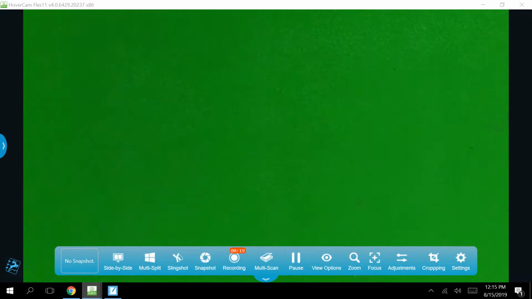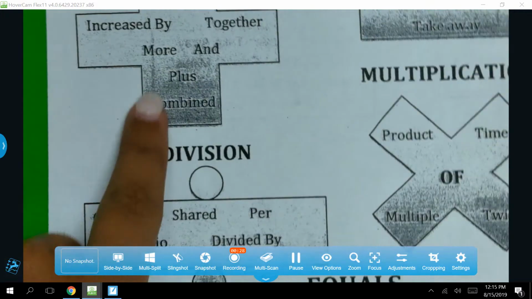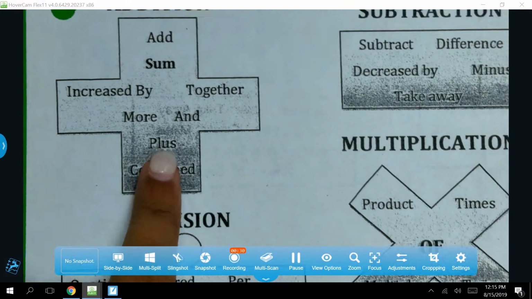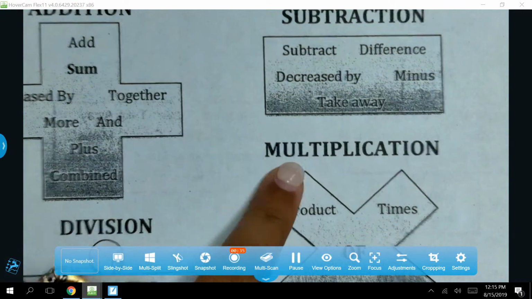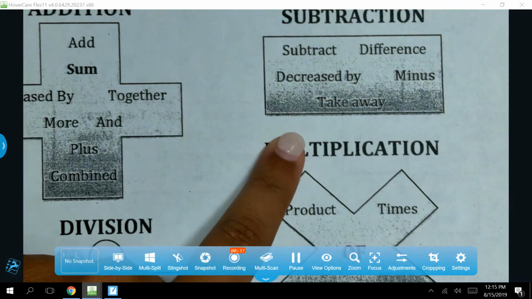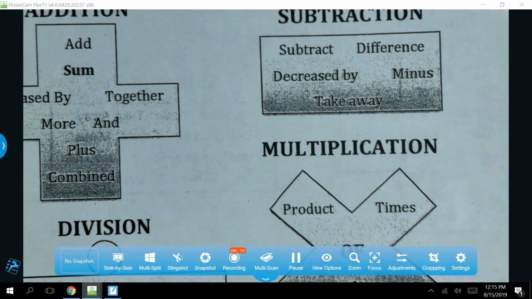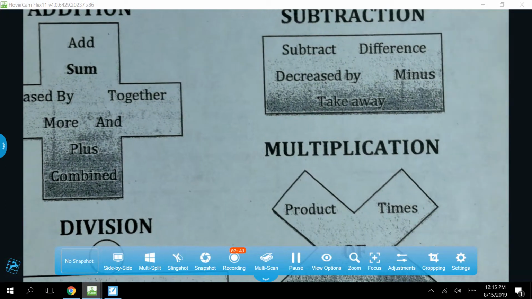The sheet that I just passed out is a little cheat sheet. It's telling you if you see any of these words inside of that picture, like this one, in a sentence, then you're going to have to be adding. Same as if you see any of the words over here in the subtraction box, like difference or decrease by, take away, that means you're going to be subtracting.